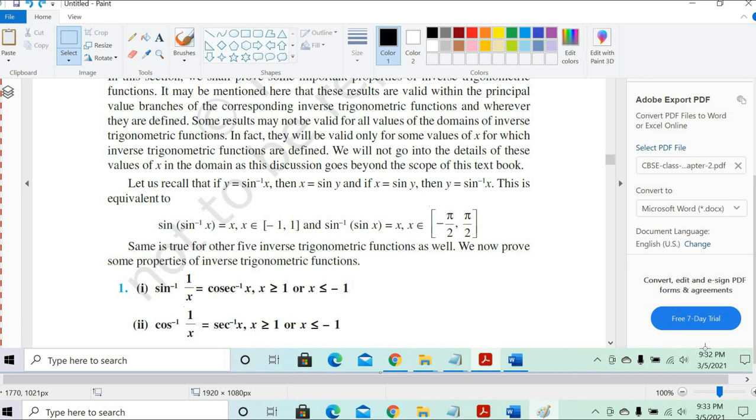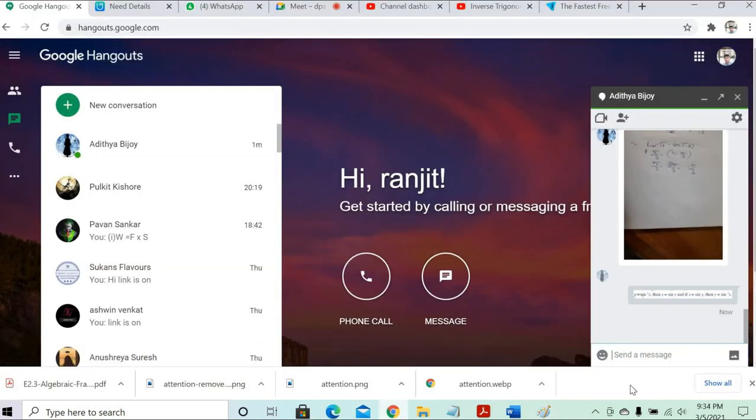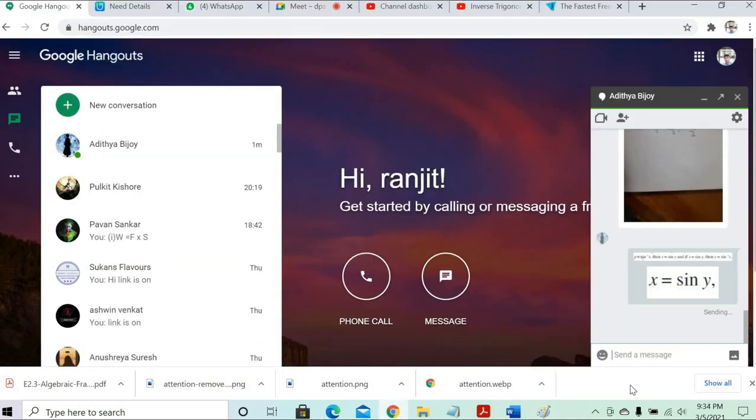Now look at this part, Vijay. So sine y is there, isn't it? So x is equal to sine y, right? Now y is nothing but sine inverse x. So we substitute the y value here: x is nothing but sine y, and y is nothing but sine inverse x.